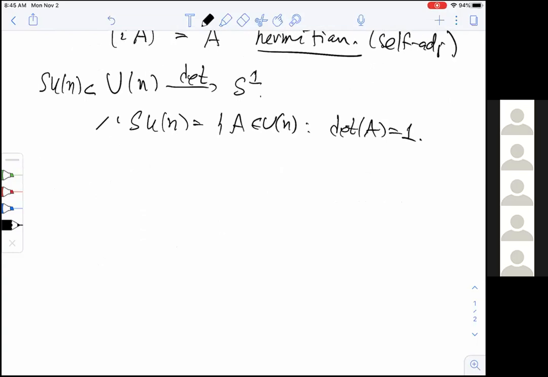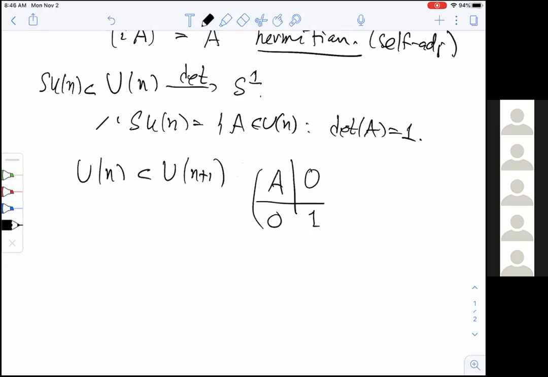Now, there's a stability in the homotopy groups of the unitary groups. The way to see that is to consider the fibration, or the action actually, of U(n) on U(n+1). Well, maybe I'll back up a second. U(n) is included in U(n+1) as matrices in block form.